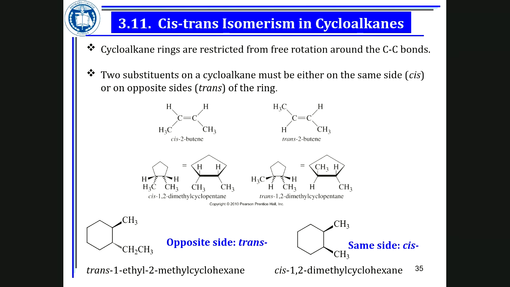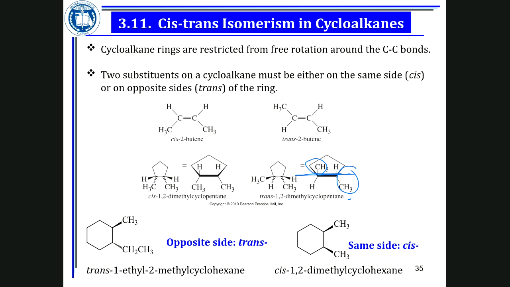The terms cis and trans apply to cycloalkanes also. If you have groups that are attached, and one group is going down and one is going up, it's going to be named as trans.